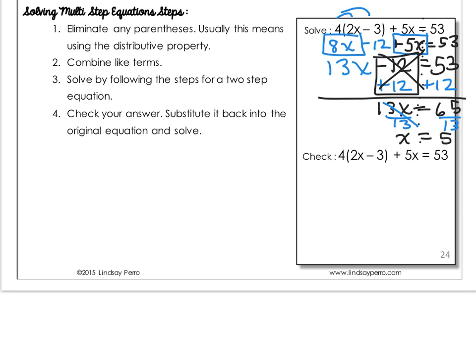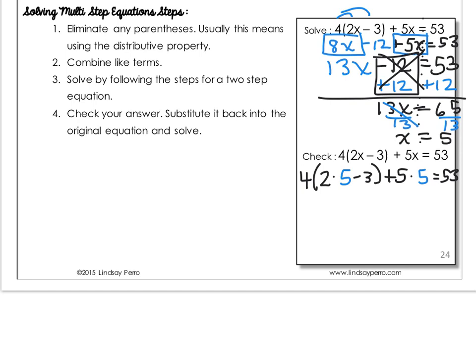Now we're going to check our answer using 5 in place of x. So 4 times, parentheses, 2 times 5, minus 3, parentheses, plus 5, times my x is 5, equals 53.